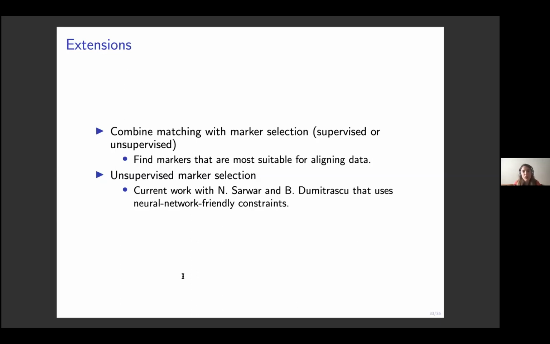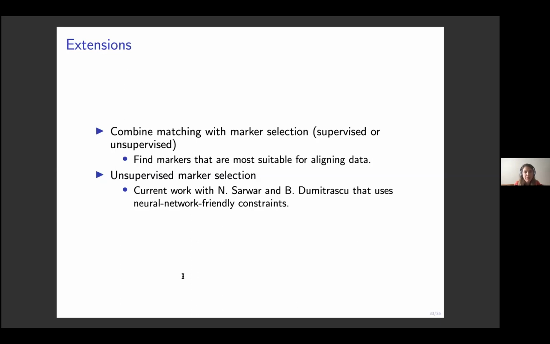And in order to do that, we use neural networks, so we need to see how we can think of the subset selection as neural network friendly constraints. And there are some sampling techniques that are differentiable that we are using for that.